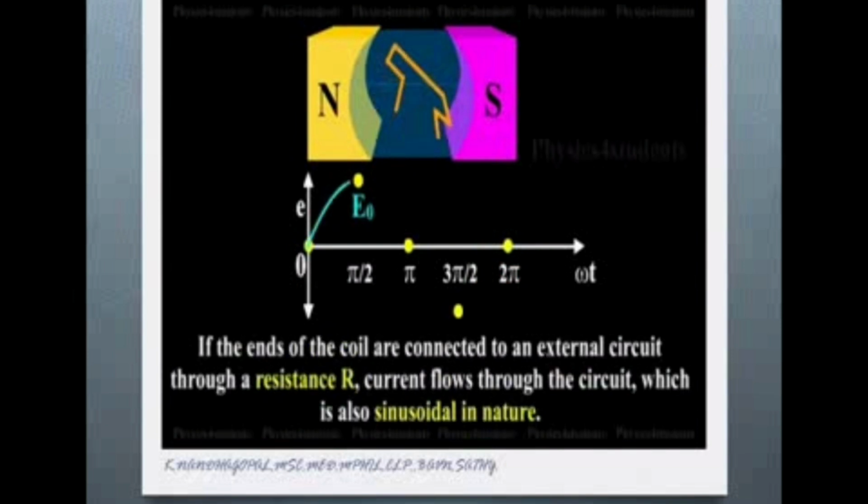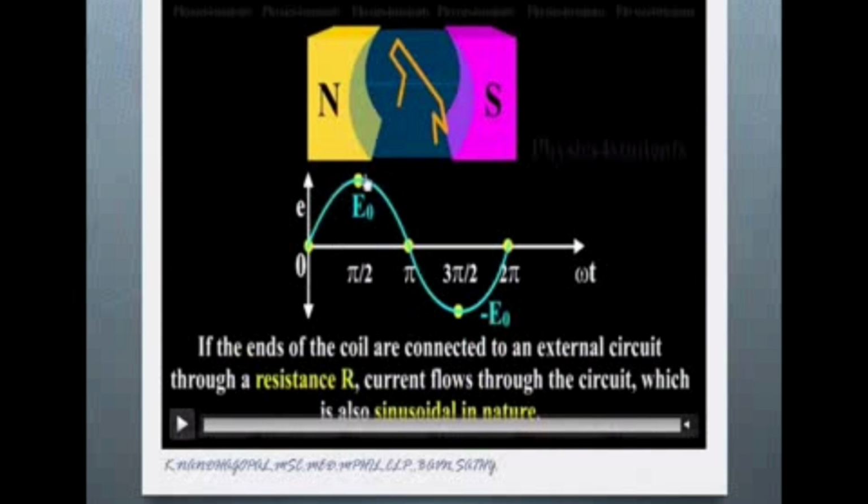The ends of the coil are connected to the external circuit through a resistance. The current flowing through the circuit is sinusoidal in nature. This wave nature is called sinusoidal. Like that EMF is induced in the coil. This is called a generator, and it generates the current like this.